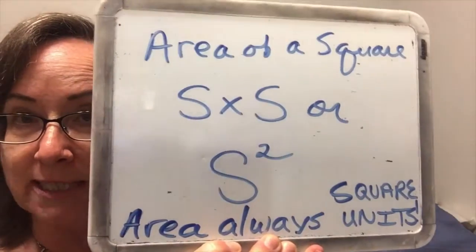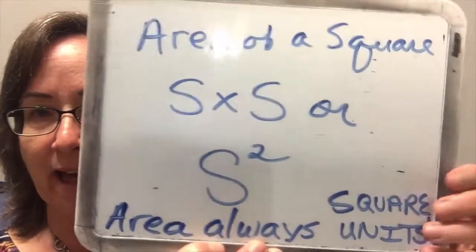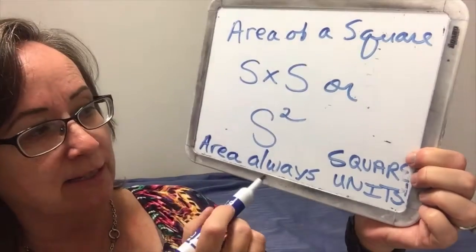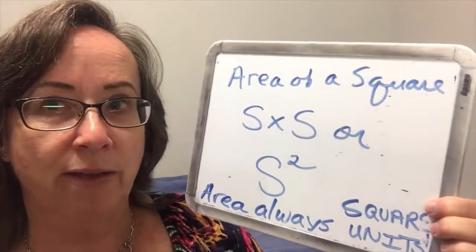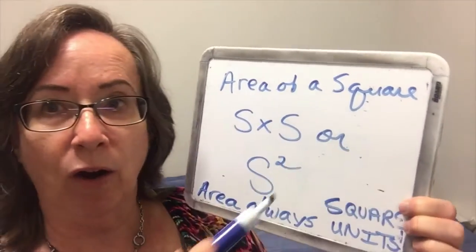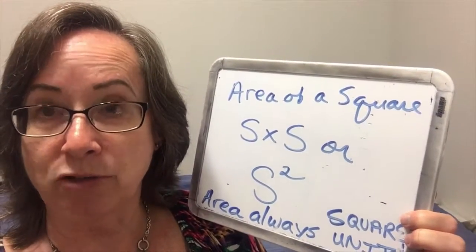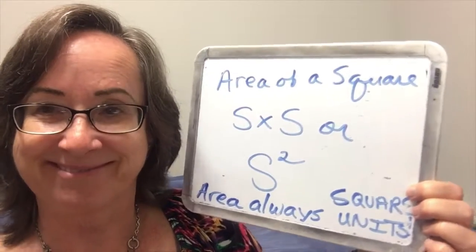So that gives us our next formula, which is area of a square is side times side, or side squared. And the area is always in square units. So suppose that our square was in feet. So we might have a square that was 2 feet by 2 feet. The answer would be in square feet.